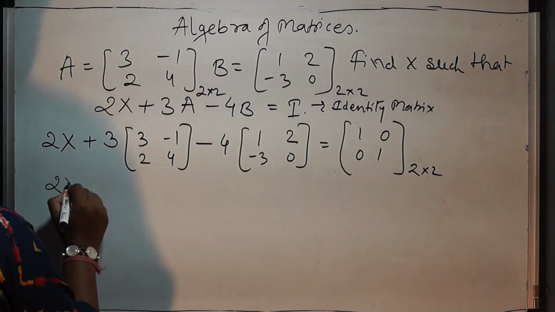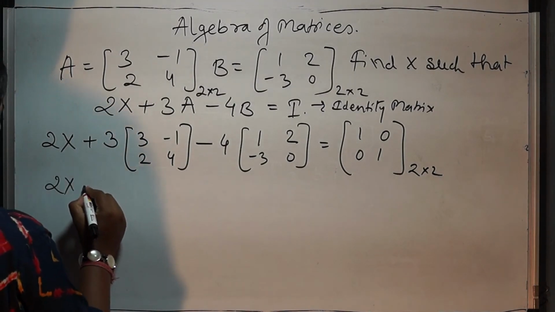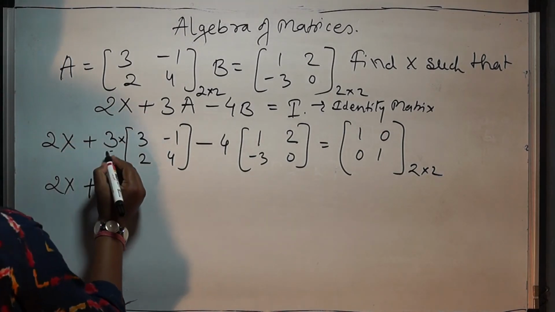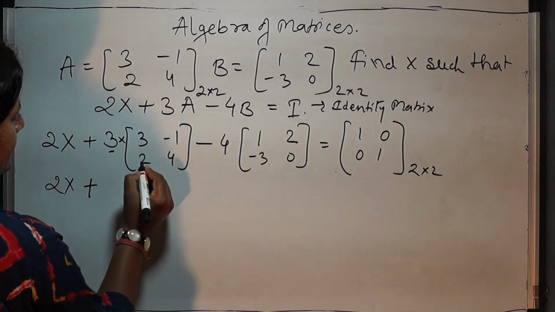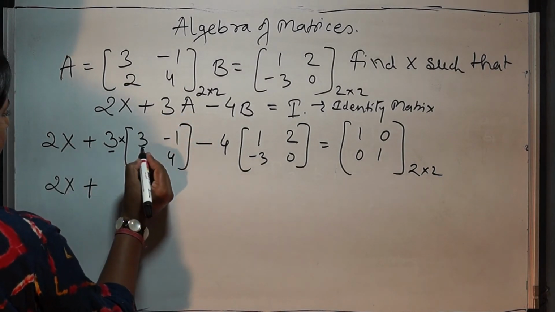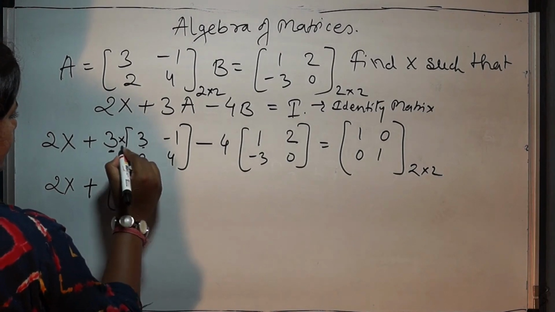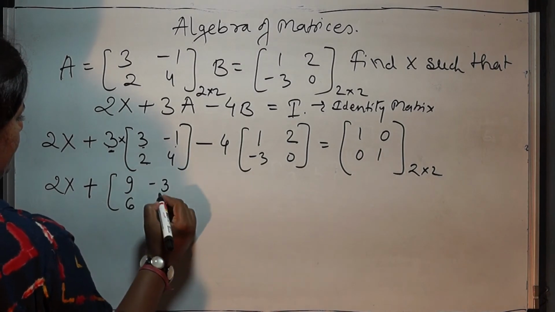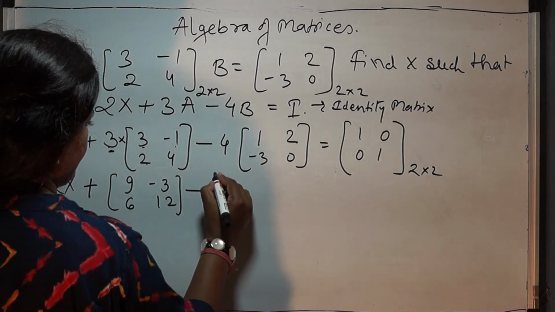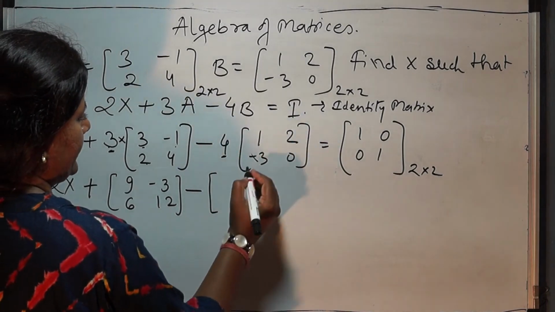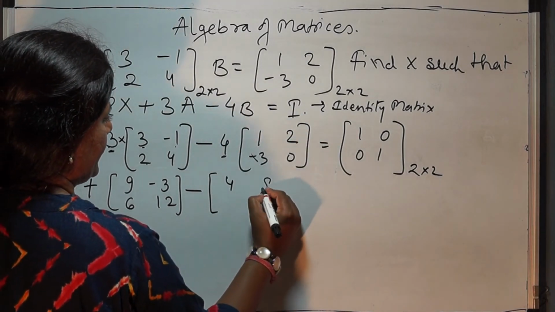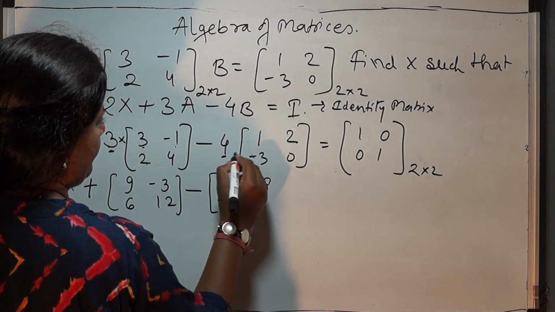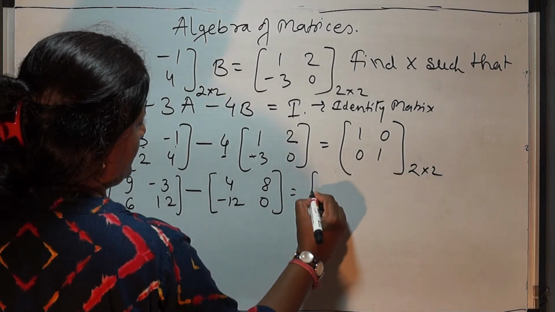Now keep this as it is. When we write like this, it means we have to multiply with all the elements. So 3 into 3 is 9, 3 into minus 1 is minus 3, 3 into 2 is 6, 3 into 4 is 12. Similarly 4 into all the elements: 4 into 1 is 4, 4 into 2 is 8, 4 into minus 3 is minus 12, 4 into 0 is 0, is equal to identity matrix.